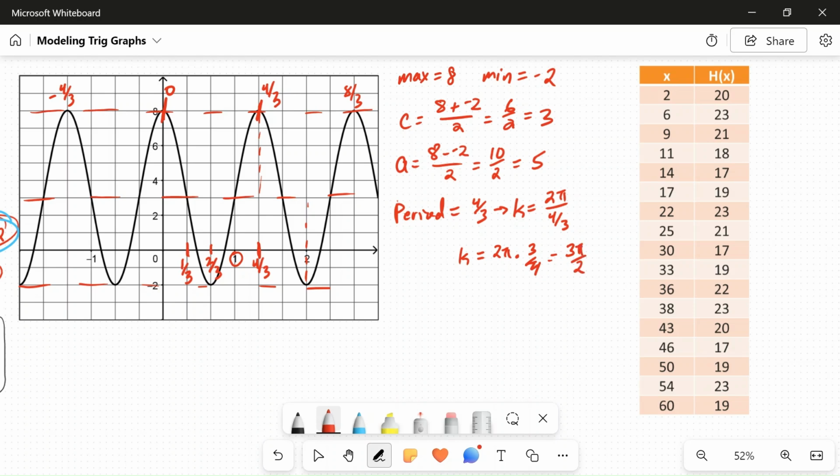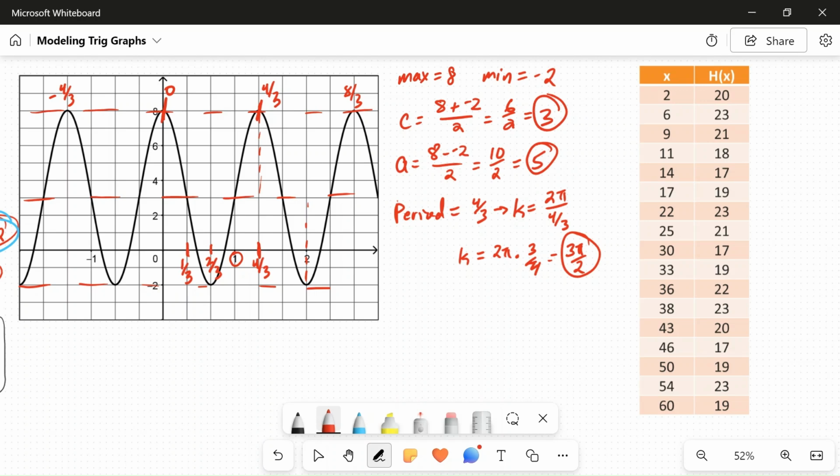So we know our a value is 5, we know c is 3, and we know k is 3 pi over 2. Okay, so those three values are always the same, regardless of where we start, where we end, whether we're doing sine or cosine. So I always find those three first: the a, the c, and the k. The b value can change.